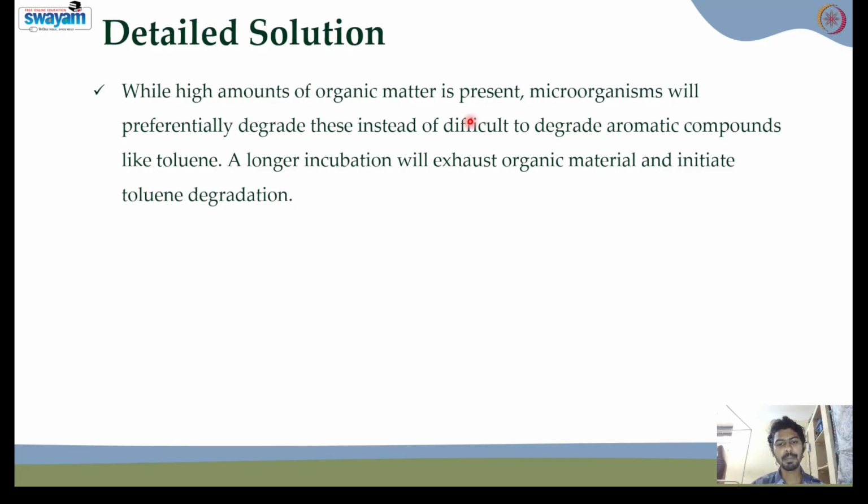If you compare organic matter and the benzene compound, which is an aromatic compound like toluene, which is more easily assimilated? Obviously it is the organic matter. And in the question they have clearly mentioned there is a higher amount of organic matter. So we observe that the high organic matter has been partially degraded.